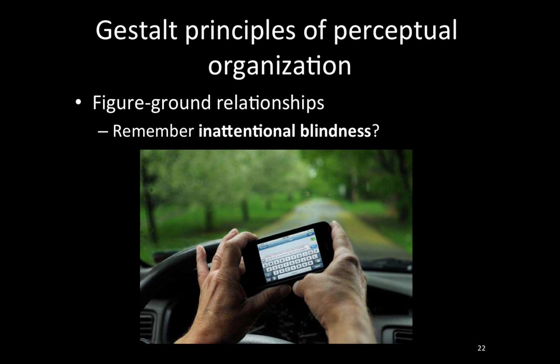Pain is a very important motivational figure-ground relationship. It's super important for us evolutionarily and biologically to pay attention to pain and to get away from whatever it is that's causing the pain. Pain catches our attention because we are programmed to notice it. That is the figure, and everything else becomes the ground. So think about what must happen for somebody who is in chronic pain, right?